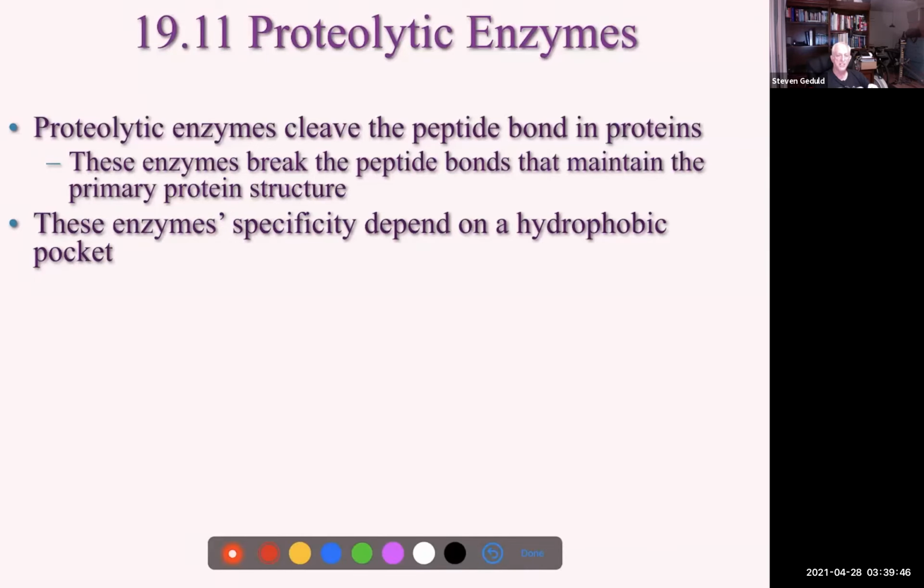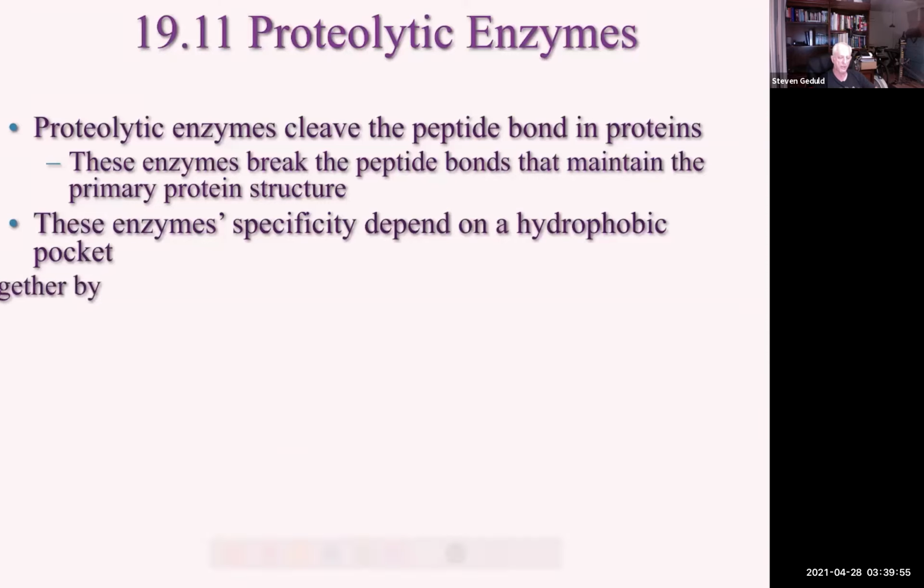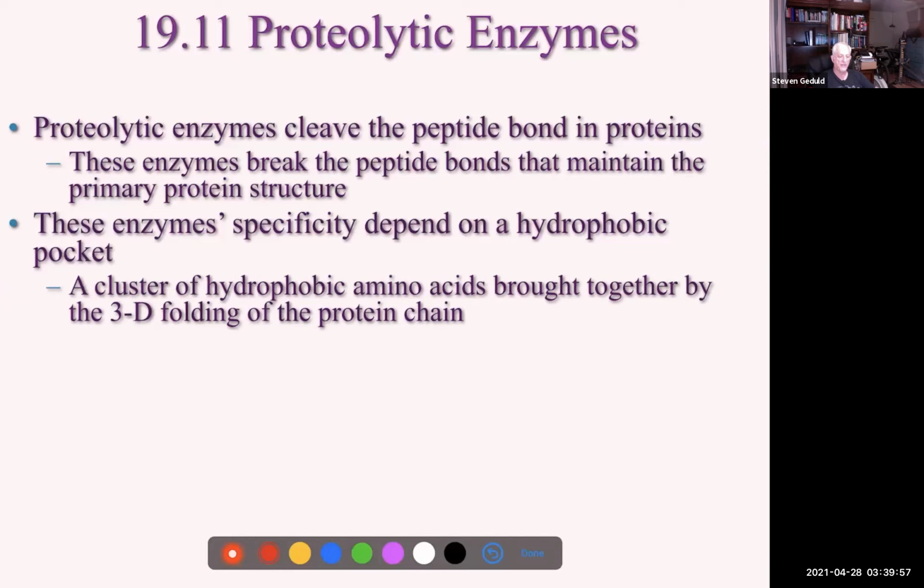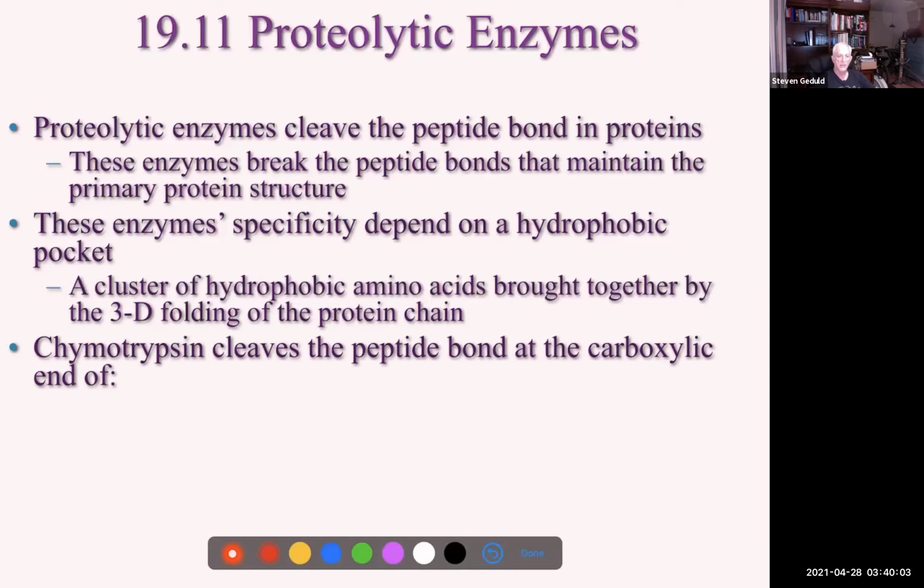These enzymes specifically depend on a hydrophobic pocket. They have to have a hydrophobic pocket to get in there and break that bond. A cluster of hydrophobic amino acids brought together by the three-dimensional folding of the protein chain. Chymotrypsin cleaves the peptide bond at the carboxylic end.